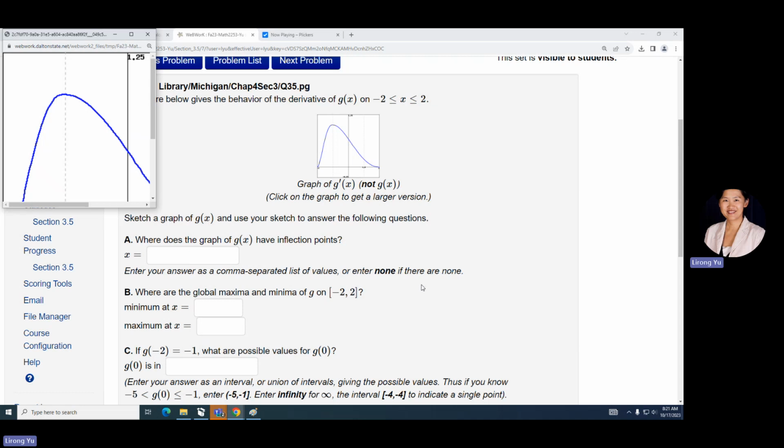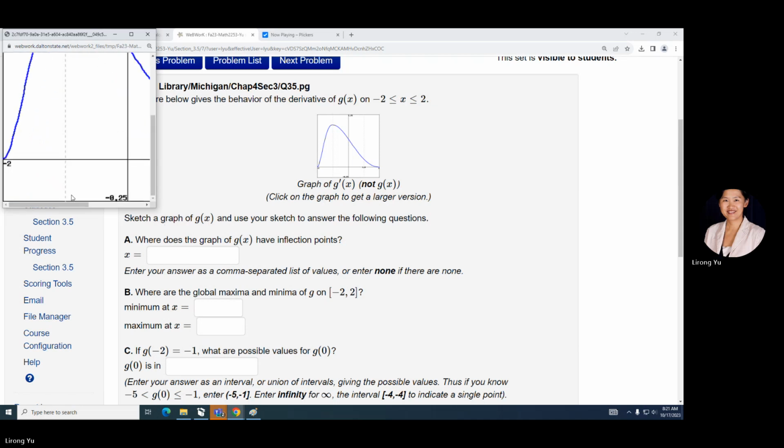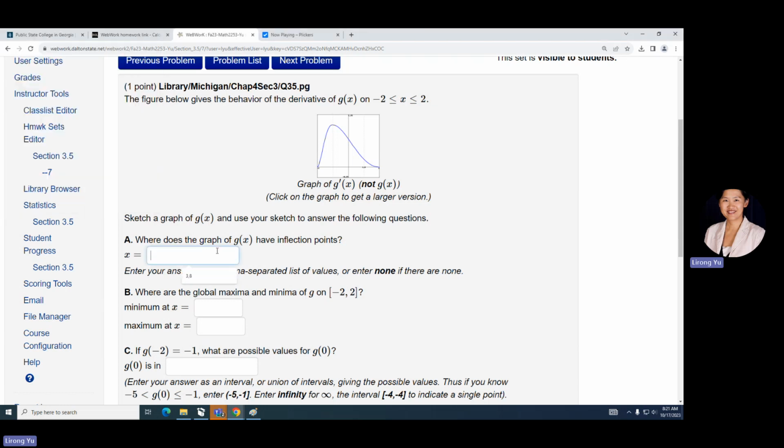So positive second derivative, negative second derivative. So the inflection point is right in the middle, because this is the derivative function, which has points 0 and -2, so this must be -1. So the inflection point is -1.